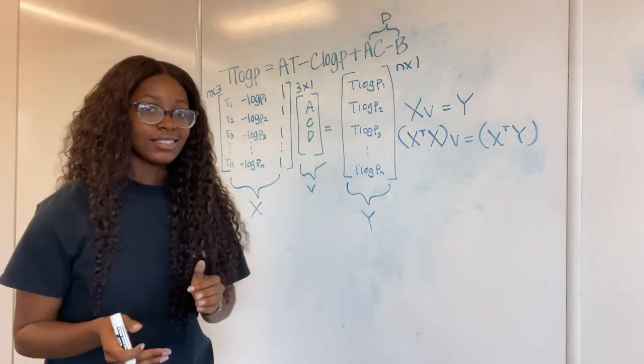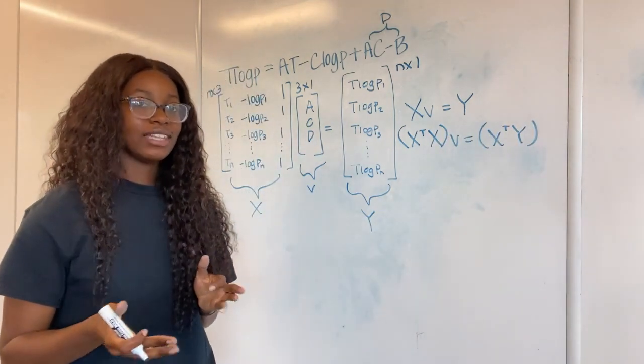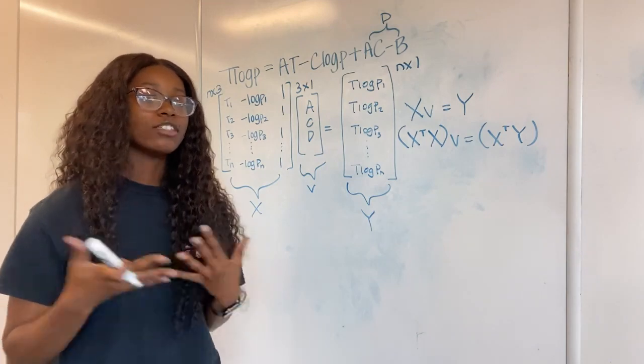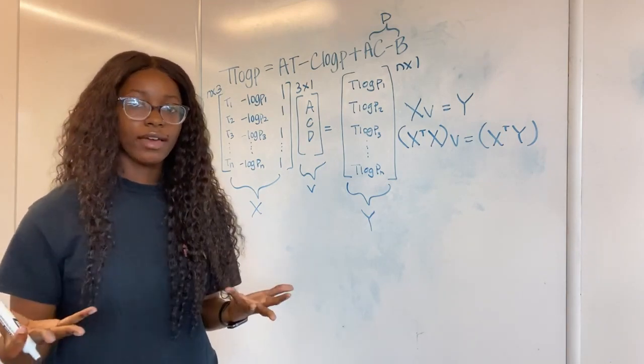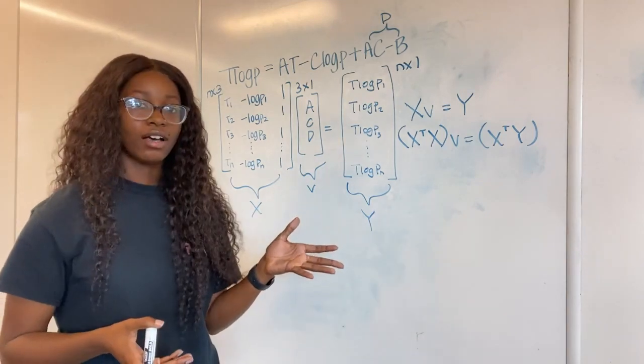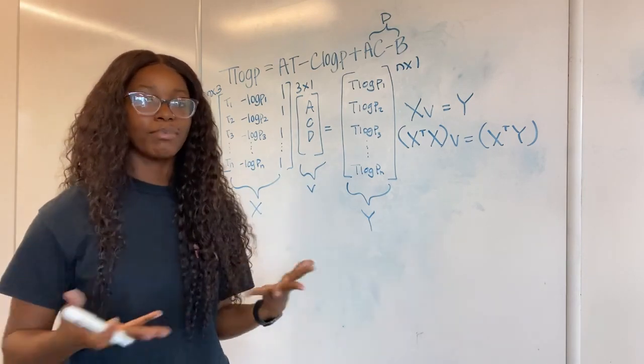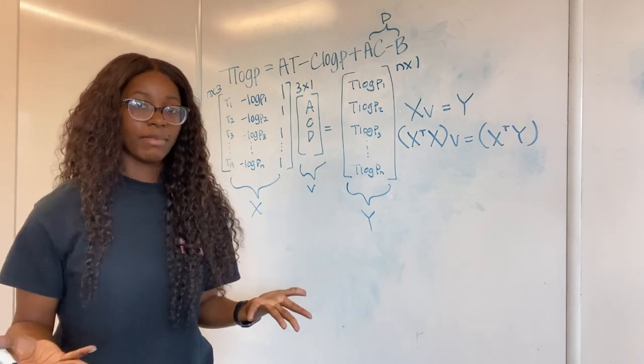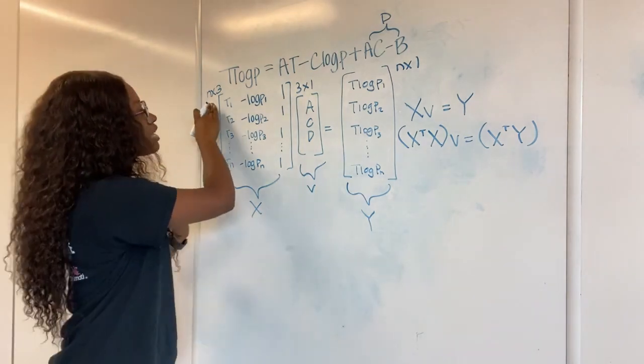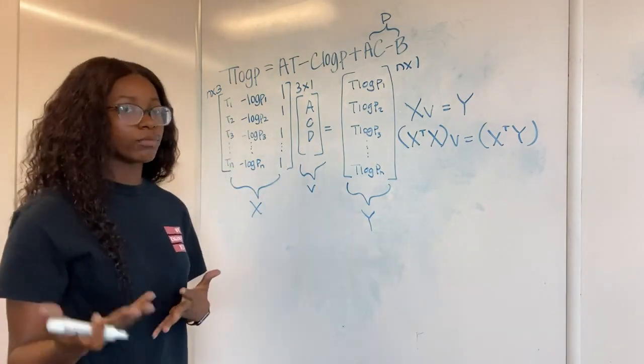So by doing this, we have actually made the design matrix turn into a square matrix. And how do we do that? Well, the transpose of the design matrix is simply the complete opposite of the design matrix, which means instead of it being an n by 3 matrix, it is a 3 by n matrix.